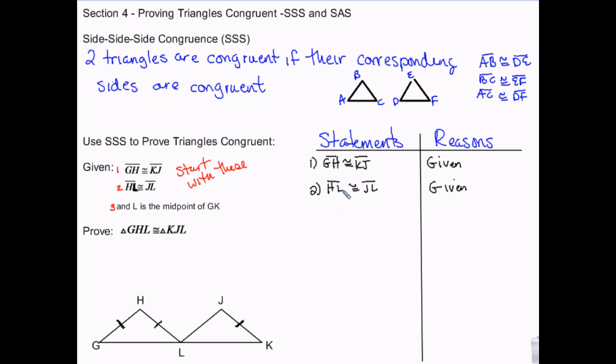That should be an L. That's given. So these two are the same. And then finally, I have L is the midpoint of GK, also given. So out of your proof, you've got 3 lines already done because you were told those 3.